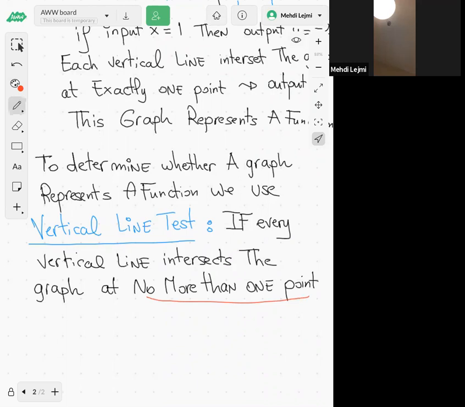Both are okay. So if it intersects the graph at no more than 1 point, then the graph represents a function.